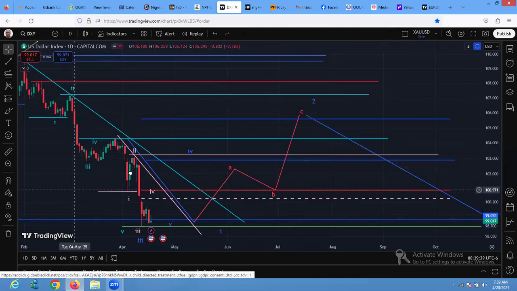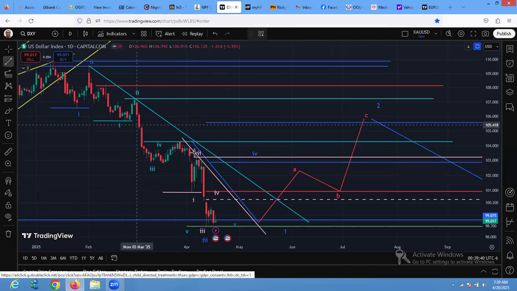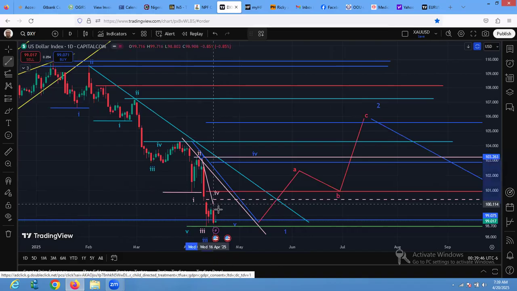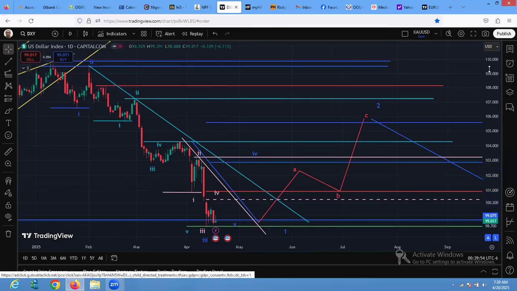We are yet to break out of that. But the immediate wave 3 here, we need to break out to be sure that we are completely done. So how do we connect that? We connect that by coming from here to connect these. Or better still, let me take this up.